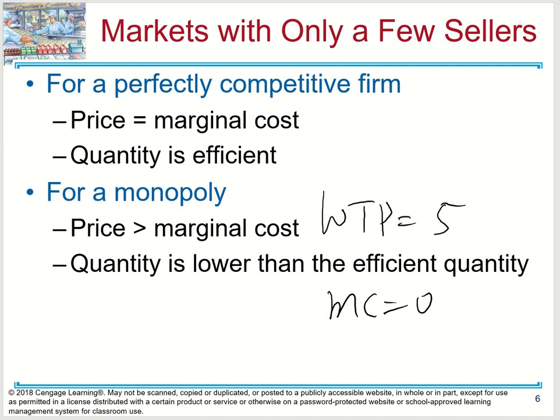But because the price is higher, let's suppose the price is currently $10, then I won't be able to buy this bottled water anymore, because now my willingness to pay is lower than the price. So that's inefficient. Now you have somebody who is willing to pay more than the marginal cost, but won't be able to buy this bottled water because the price is higher.